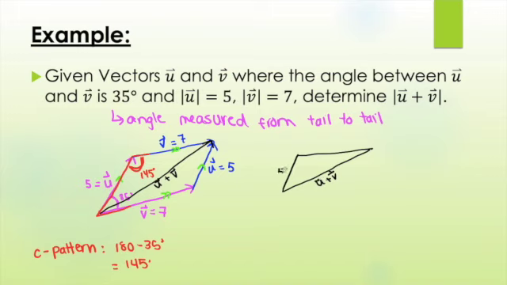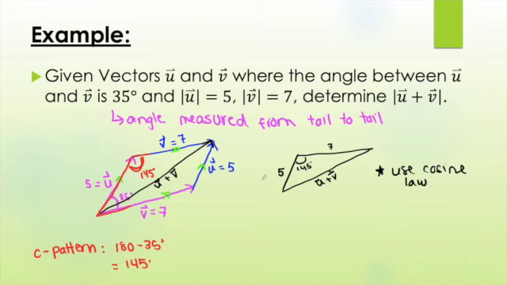Okay, we know this is 5, we know this is 7, and we know this is 145 degrees. Well, you have an angle embedded or contained between two given sides, so we're going to use cosine law.